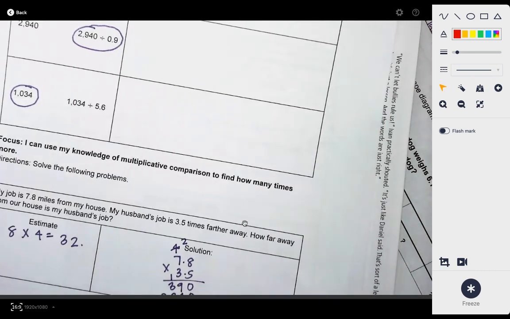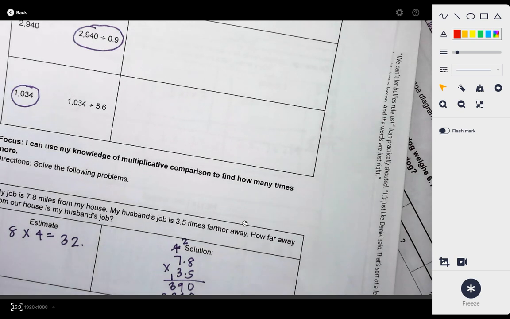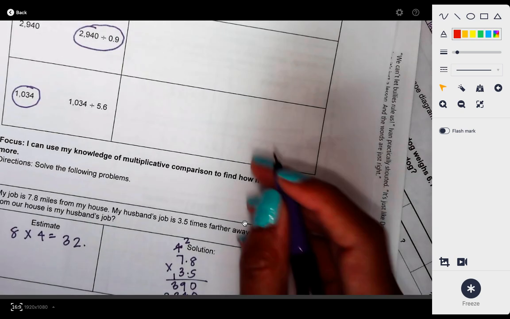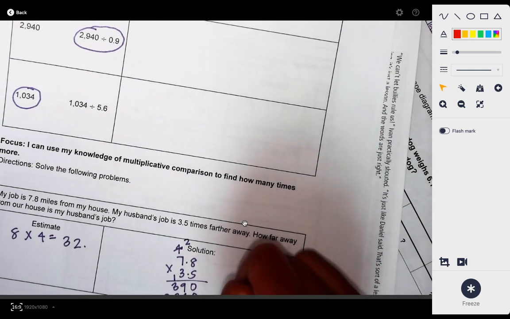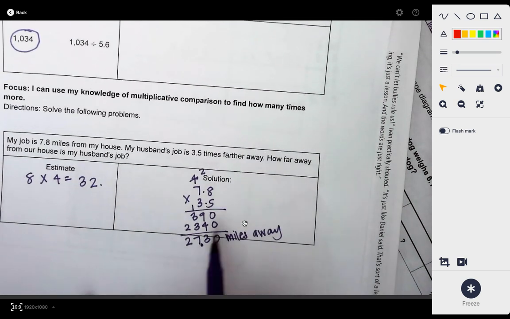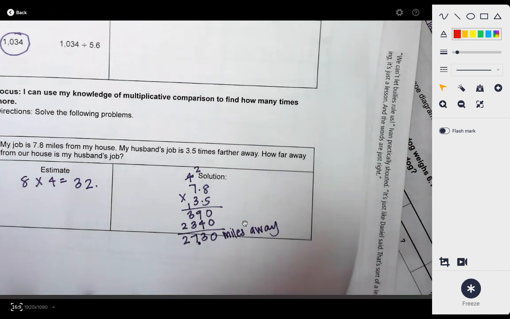Good. It's pretty close. 27 and 3.3 miles away. In these answers, I forgot to mention the other one, they should mention the unit as well. So the quantity plus the unit.